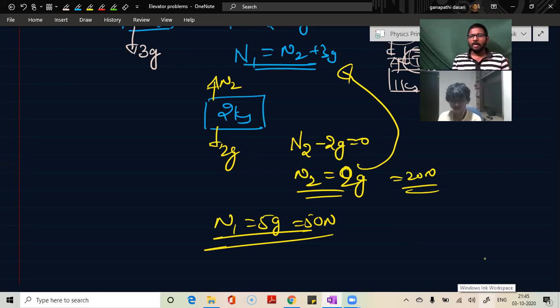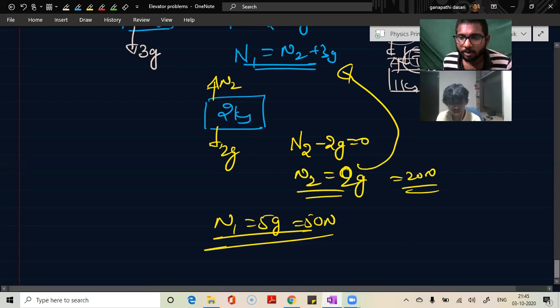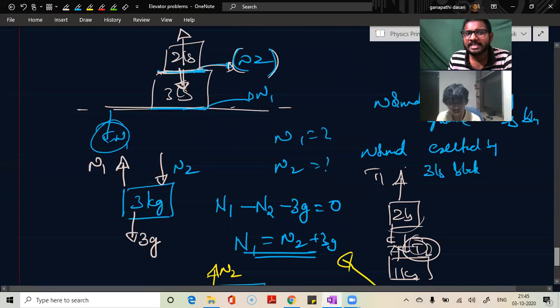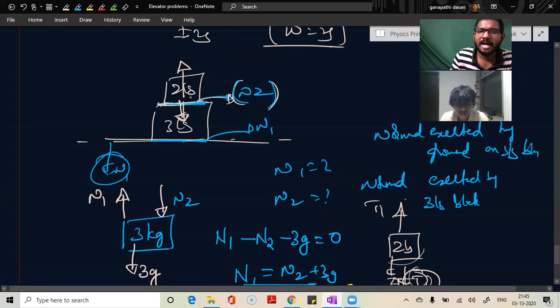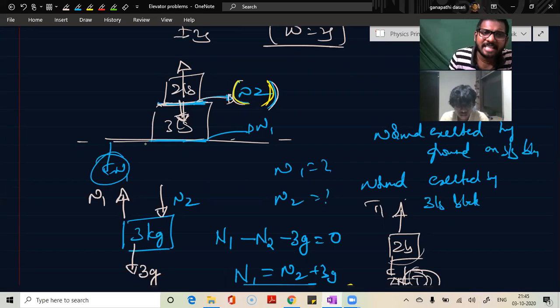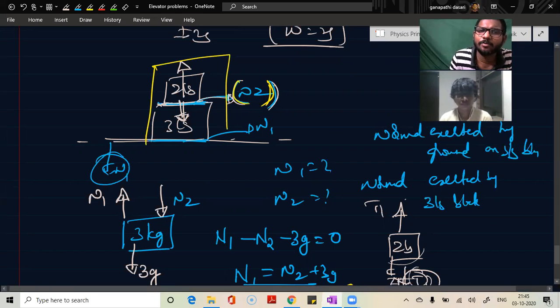We have to be careful in writing, because if we take only the 2 kg block to be the mass, then N2 will become an external force. If we consider this entire system, then N2 will become an internal force.